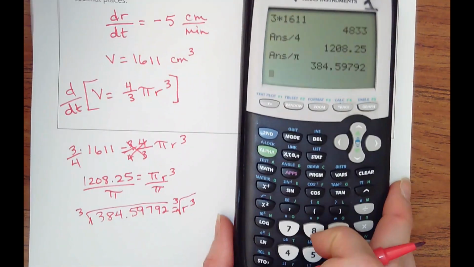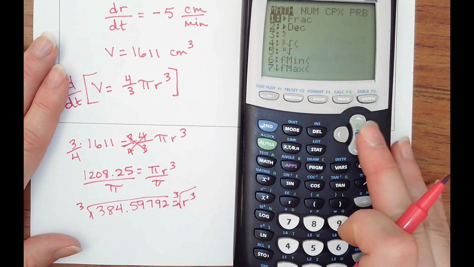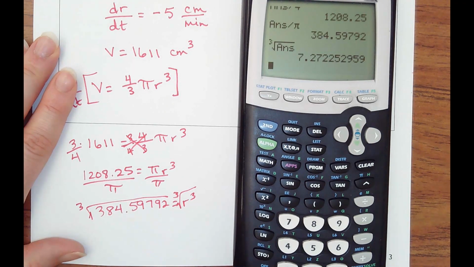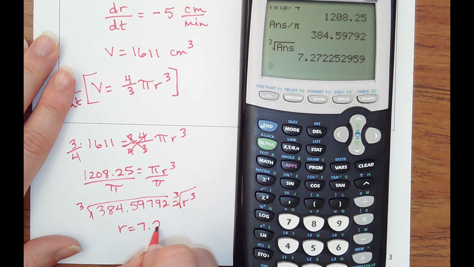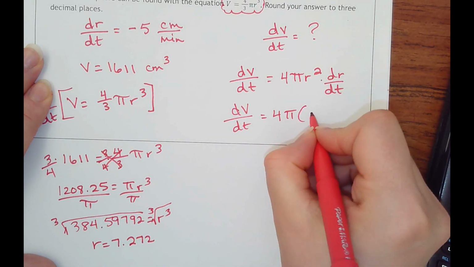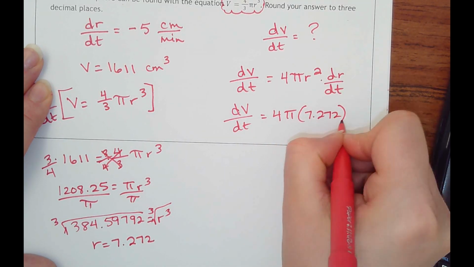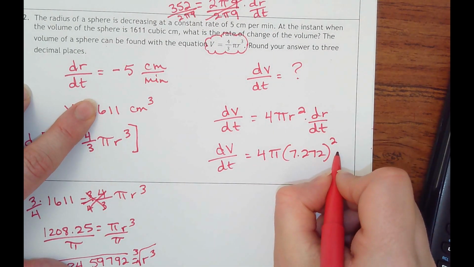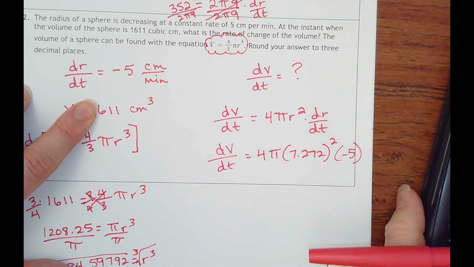And then that button, if you go to math, it should be option 4. I'm going to plug in that answer, and that gets me about 7.272-ish. So that gets plugged in. Squared, and then my rate of my radius changing to time was -5.